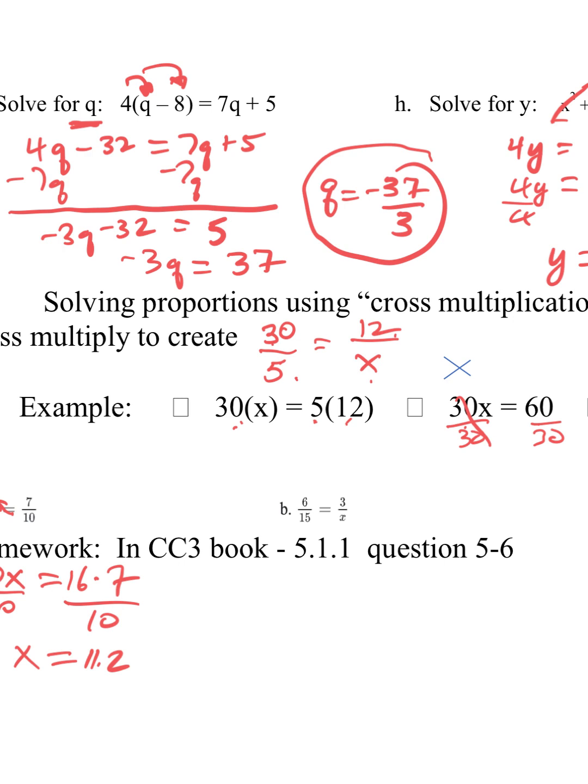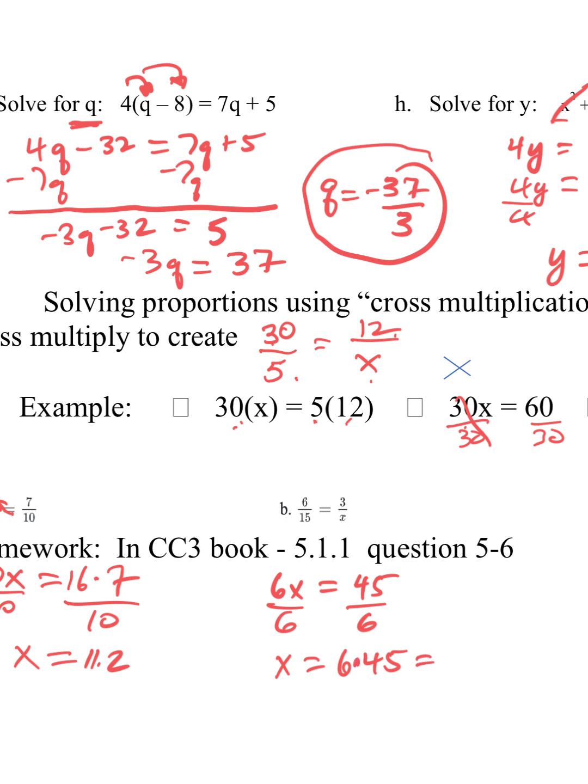This 6 times x, you get 6x. And then 15 times 3, which is 15 plus 15 is 30, so 45. So we're going to get 6x equals 45, divided by 6, and we get x is equal to 6 times 45.